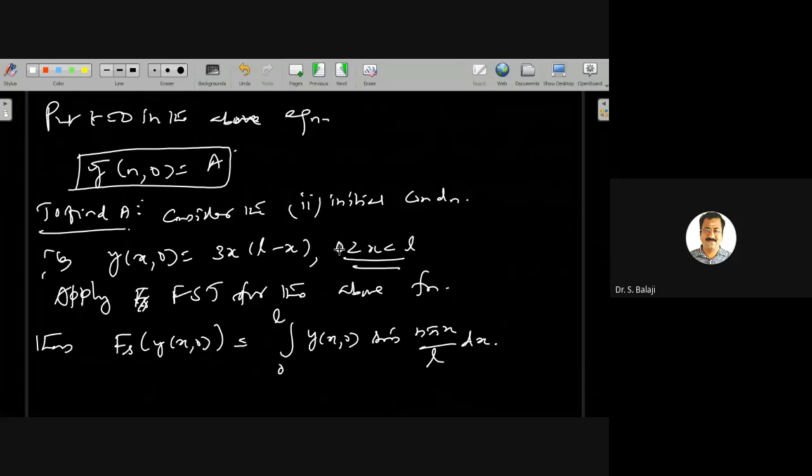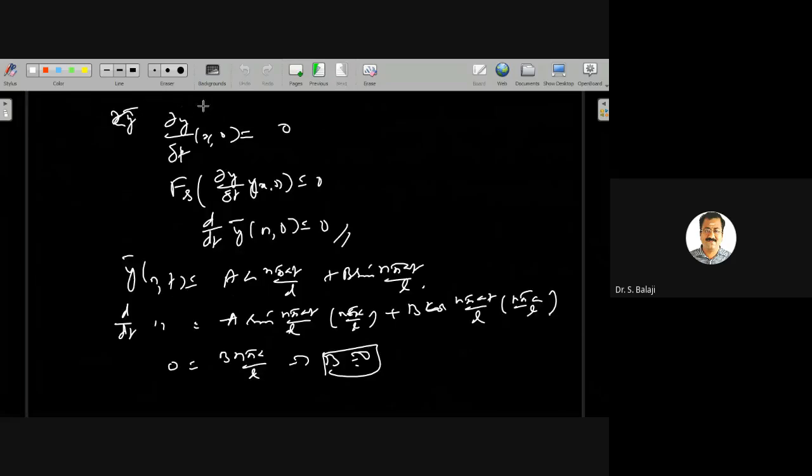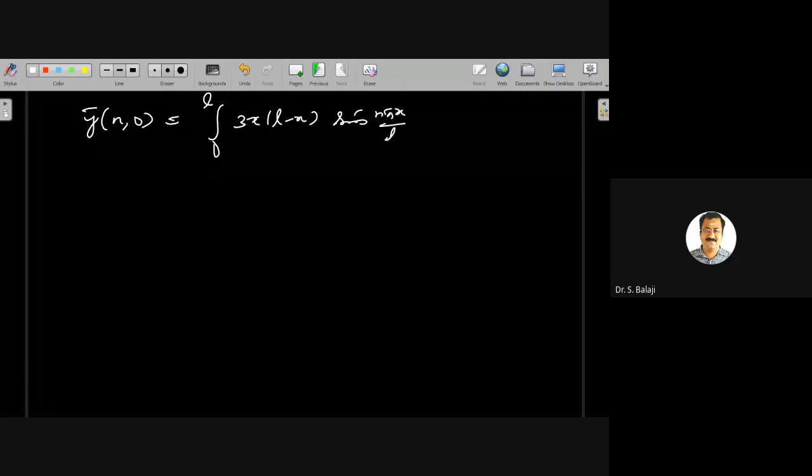Now y(x, 0) equal to 3x(L - x). We are going to identify the Fourier sine transform of y(x, 0), that is y bar(n, 0) after transformation, which is the integral from 0 to L of 3x(L - x) sin(n pi x/L) dx.